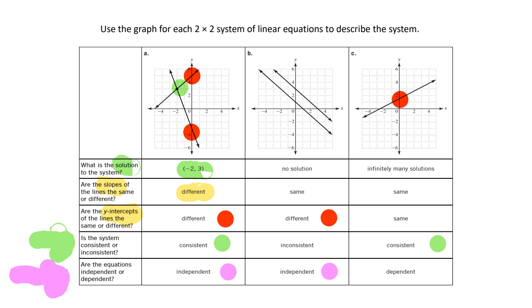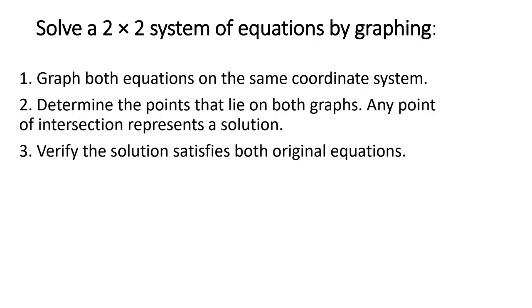Then we're going to do the second of three methods to solve a solution. The second method is known as substitution. Now this is a lot of algebra, but it gets us to a more accurate answer than the graphing. Now let's show you. I'm giving you a series of steps. It says graph both equations.